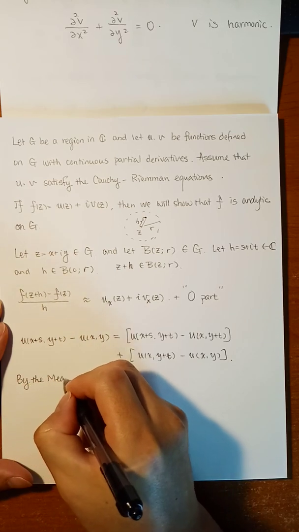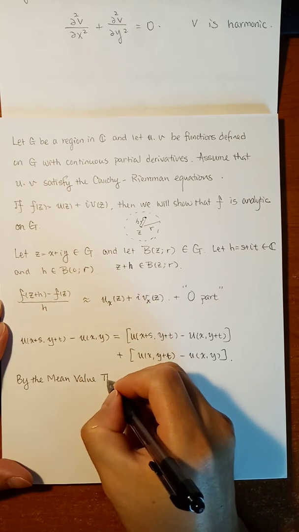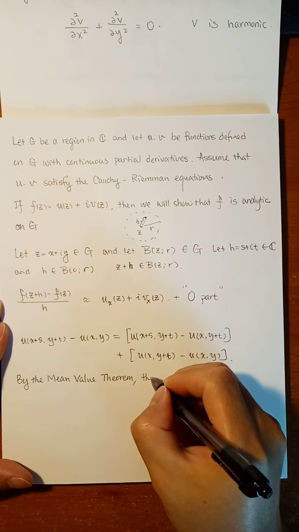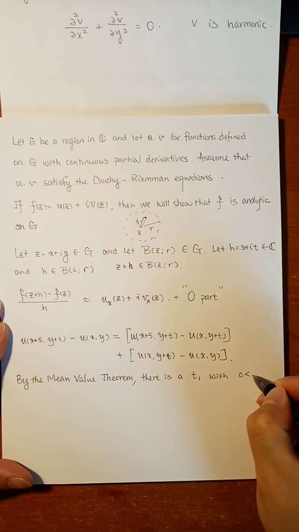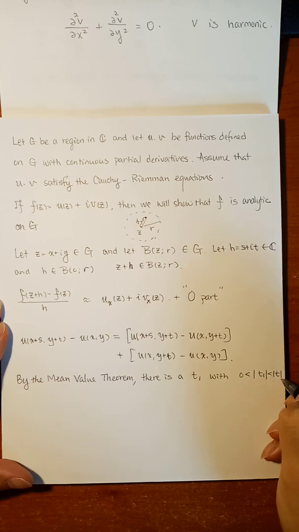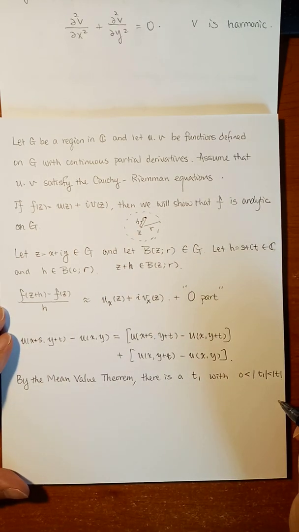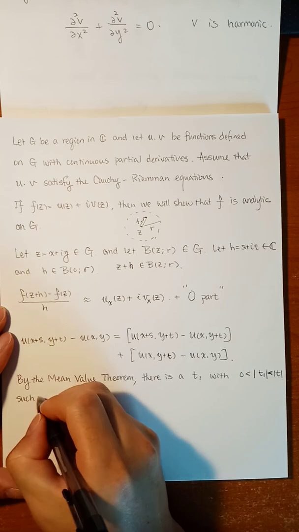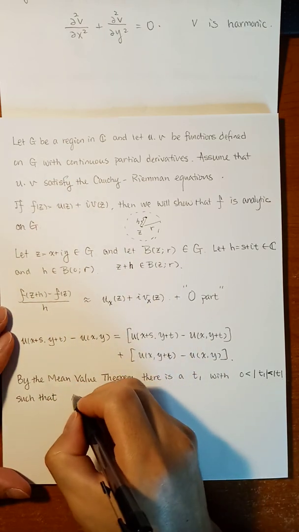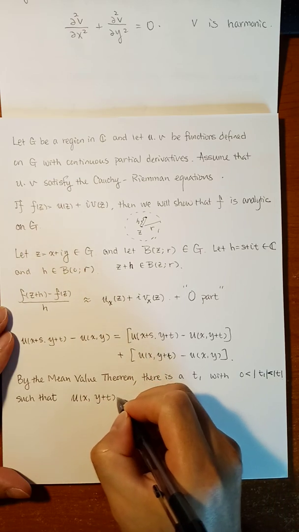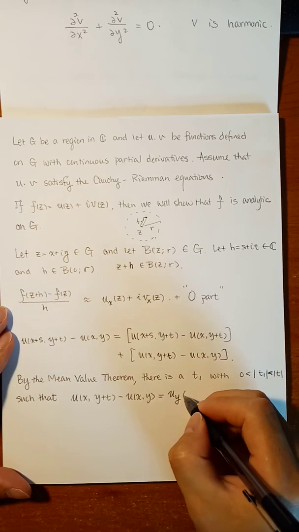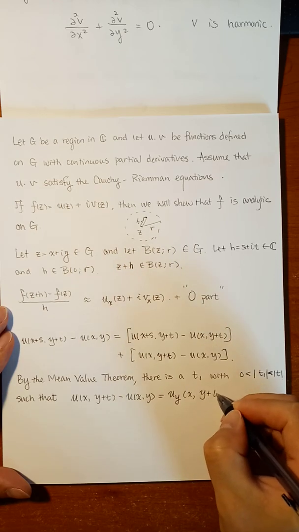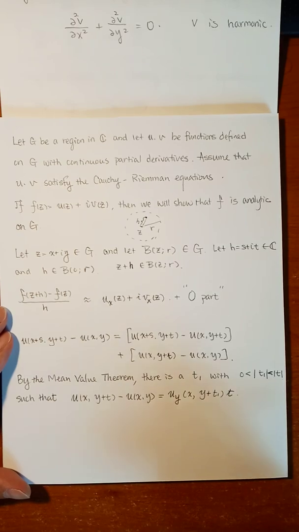By the mean value theorem, there is a t1 with absolute value of t1 less than the absolute value of t, because we don't know whether t is positive or negative, such that u of x, y plus t minus u of x, y is equal to the partial derivative with respect to y at x, y plus t1, times t.